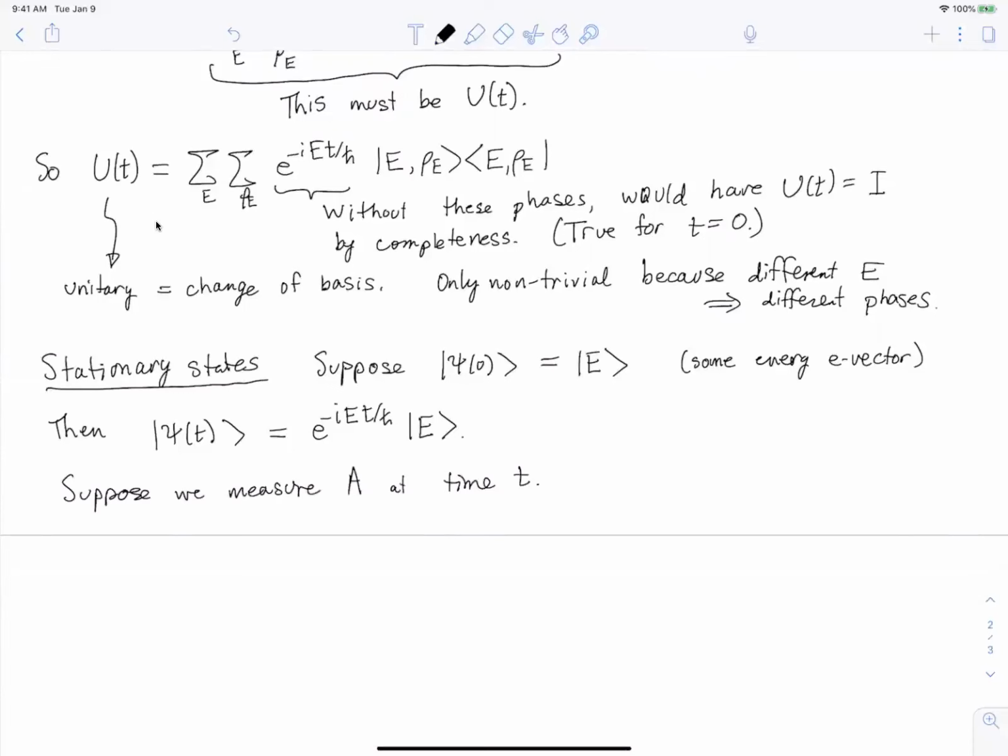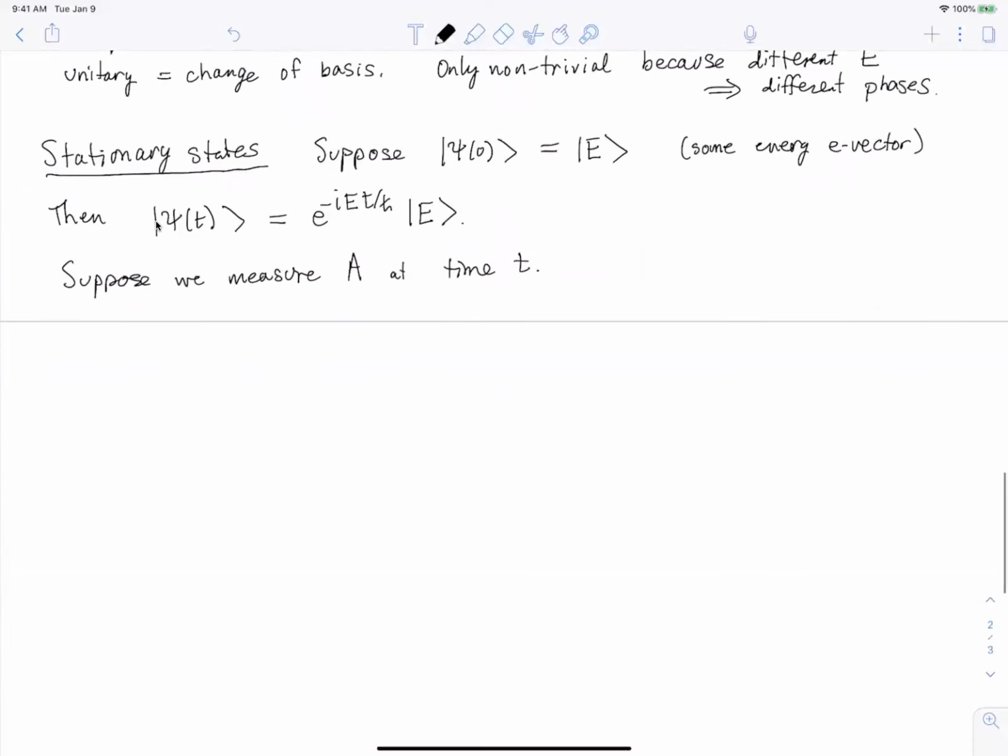Okay, what's the probability of getting some result? The probability of getting the result alpha we can get from the postulate.